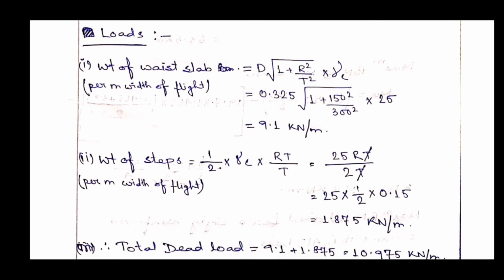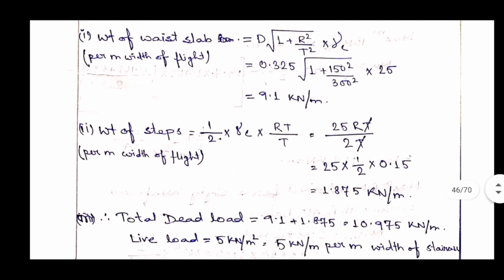Now weight of steps. So in this part we have to calculate weight of the steps, that is equal to half into gamma c into R into T by T. Gamma c is unit weight of RCC, R is riser, and T is tread. So this is equal to 25 R by 2, that is equal to 25 into half into 0.15, 0.15 is riser, that is equal to 1.875 kilonewton per meter.